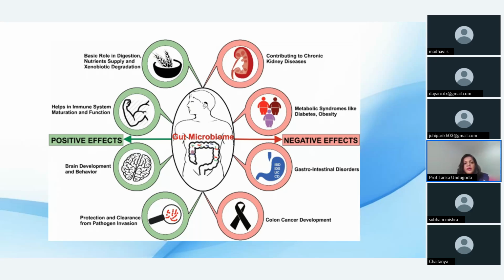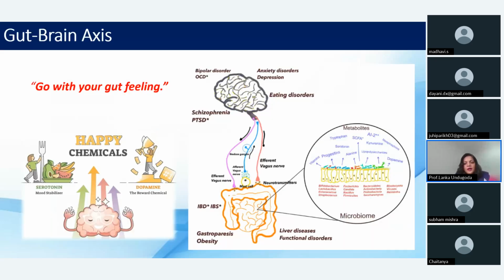Not only that, if you have a strong, balanced microbiome, your immune system is perfectly pitched to protect you from whatever pathogen attacks your body, and your brain development is also perfectly pitched, and you cannot have pathogen invasion issues. If so, you have to always look into balancing this microbiome.